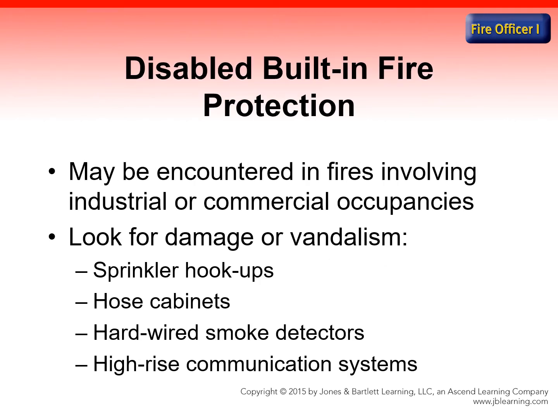Disabled built-in fire protection may be encountered in fires involving industrial or commercial occupancies. Look for damage or vandalism, such as damaged sprinkler hookups, hose cabinets that have been vandalized or damaged, hardwired smoke detectors disabled, and even high-rise communication systems that have been damaged.